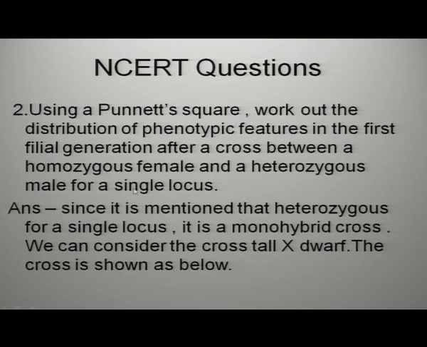Since it is mentioned single locus, heterozygous for single locus, that means F1 hybrid. And it is again mentioned that homozygous female. So, from these two conclusions, we came to the point it is a monohybrid cross.